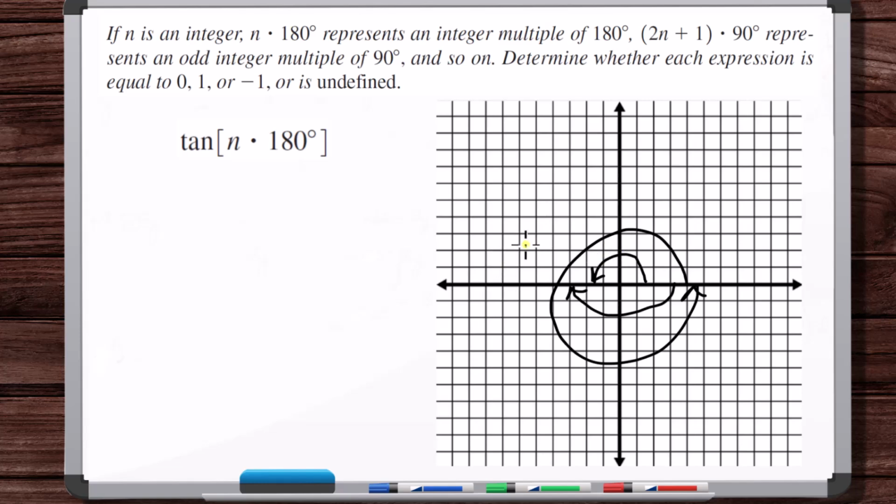So what does that mean? When it comes to tangent, that's opposite over adjacent. Well, the opposite is always going to be 0 in either case, right? The opposite is the y value. That's always 0. The adjacent could be positive or negative depending on the n, but it's still going to be 0 in the numerator no matter what. So this is going to be equal to 0.